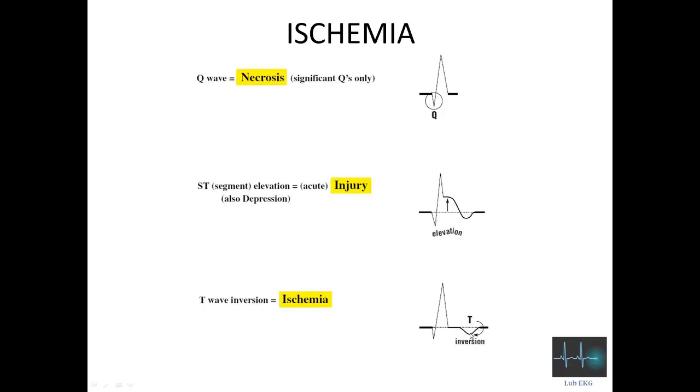This can normally actually be seen in AVR leads, which are placed kind of opposite to the direction of the mean electrical direction or current direction, up on the patient's right shoulder, which means that it kind of gives a mirror image of the electrical conduction. So if you see this in AVR, that's normal, but in any other lead, this indicates cardiac ischemia.